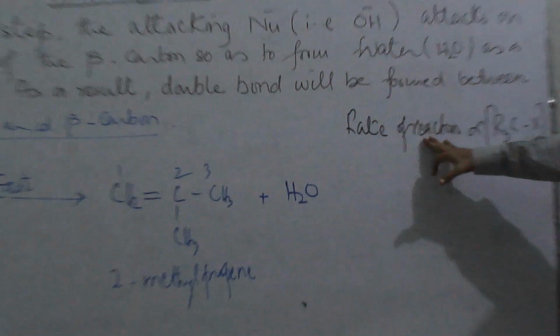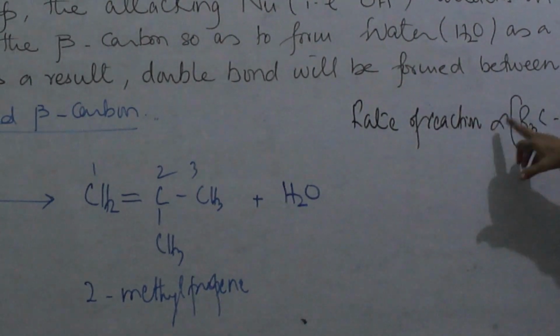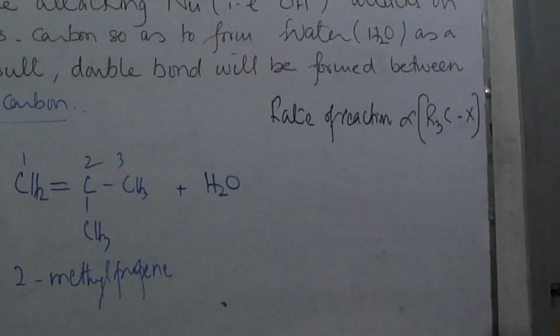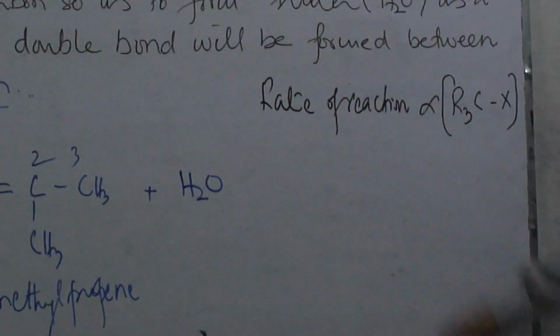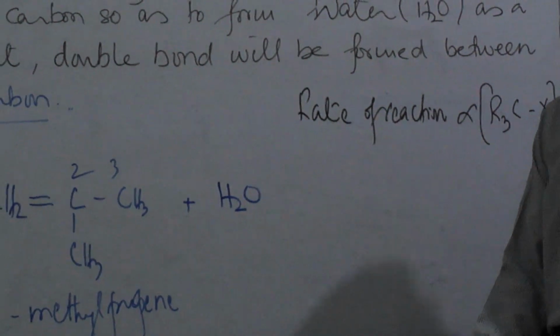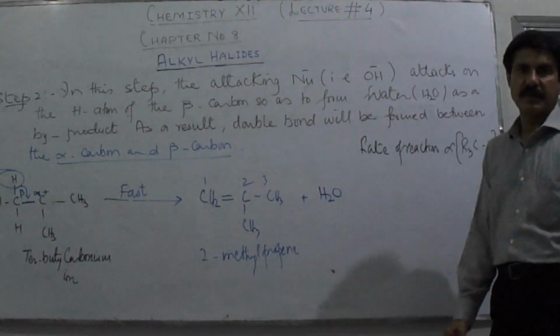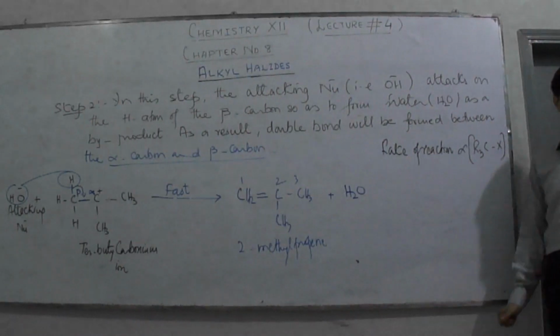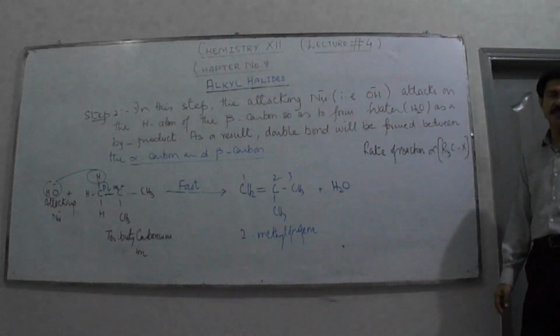So the rate of E1 reactions only depends upon the concentration of the substrate, that is the tertiary alkyl halide molecules. This is all about the E1 and E2 reactions of alkyl halides, the elimination reactions of alkyl halides. My dear students, it was also a very important topic from chapter number 8.